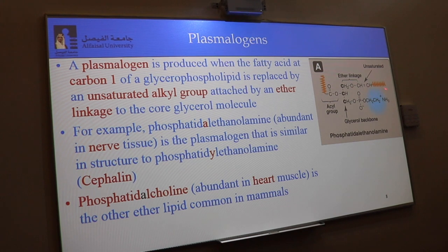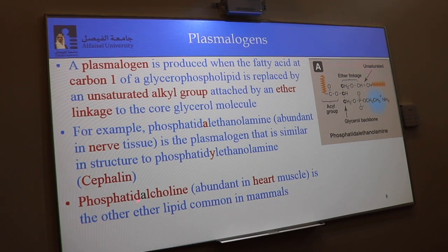Yes, we still have non-polar ends. The non-polarity is coming from the hydrocarbon chain, and in both cases you have a hydrocarbon chain. So yes, we do have the non-polar side, which is the fatty acid and the alkyl group here.